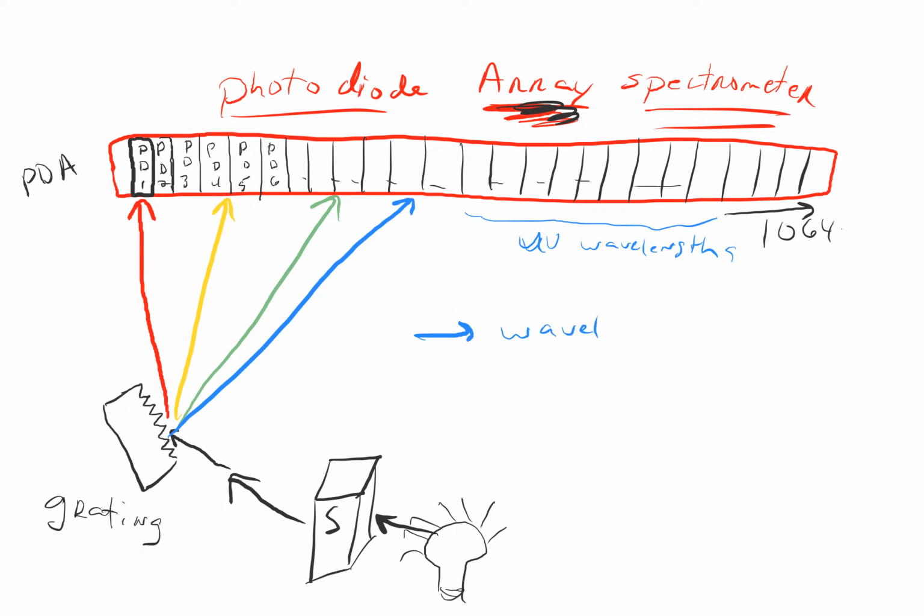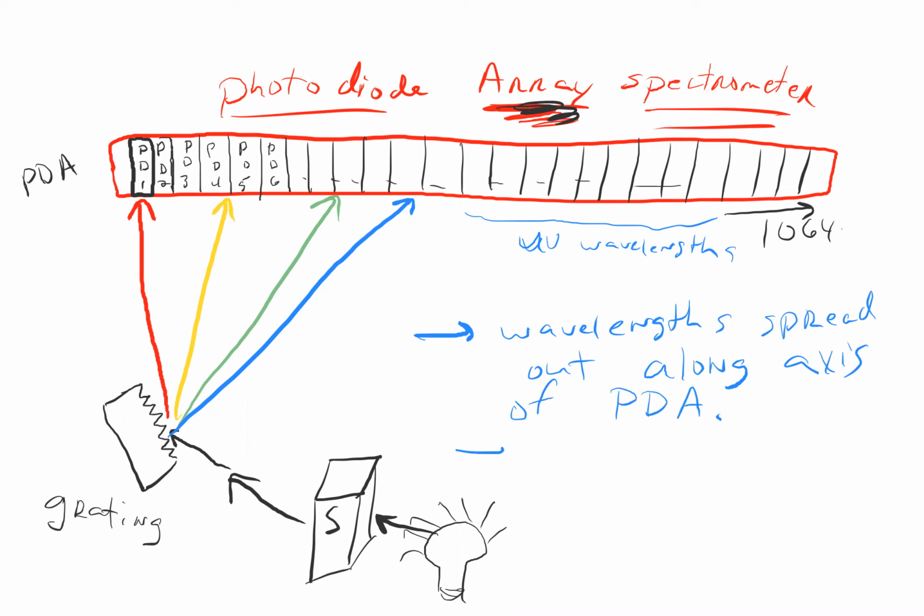In this type of design, photodiode array, the wavelengths spread out along the axis of the photodiode array. And each photodiode senses or measures a particular specific wavelength.